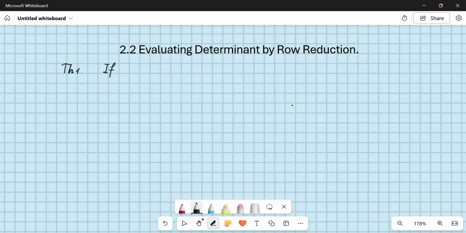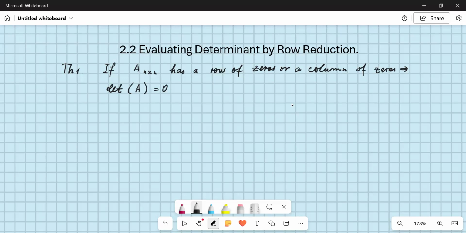Theorem number 1: if a square matrix A has a row of zeros or a column of zeros, then determinant of A is going to be equal to 0.